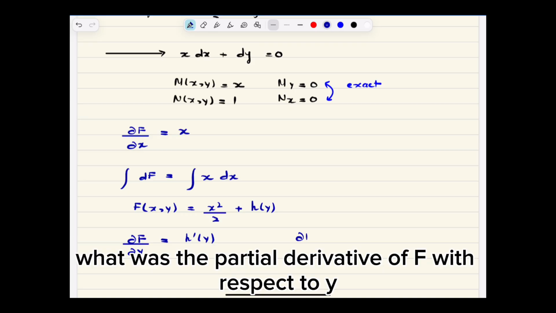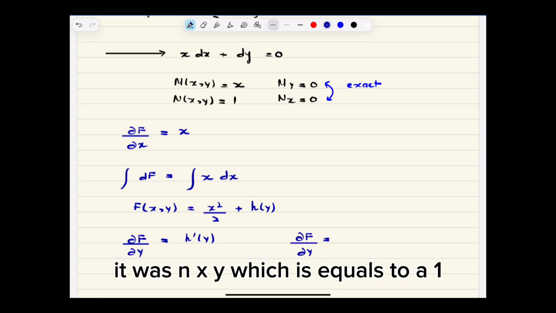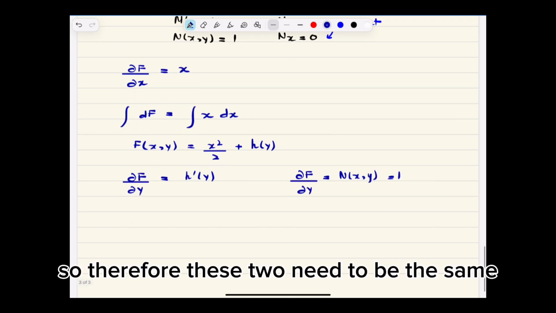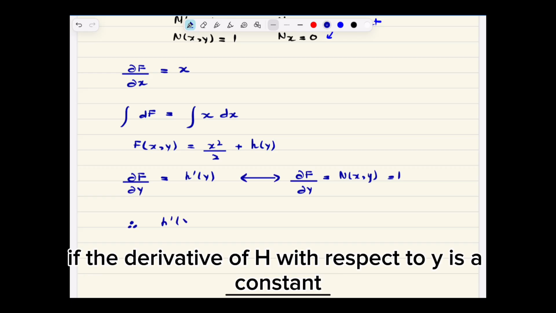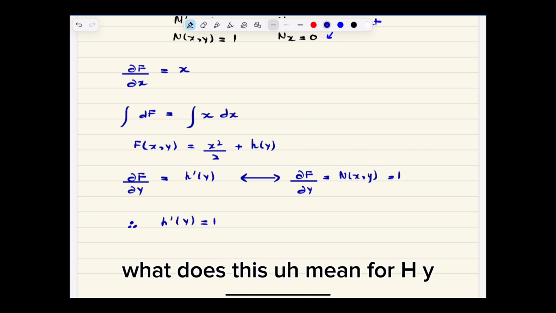what was the partial derivative of f with respect to y? It was N of x y, which equals 1. So therefore these two need to be the same. So if the derivative of h with respect to y is a constant, what does this mean for h of y?